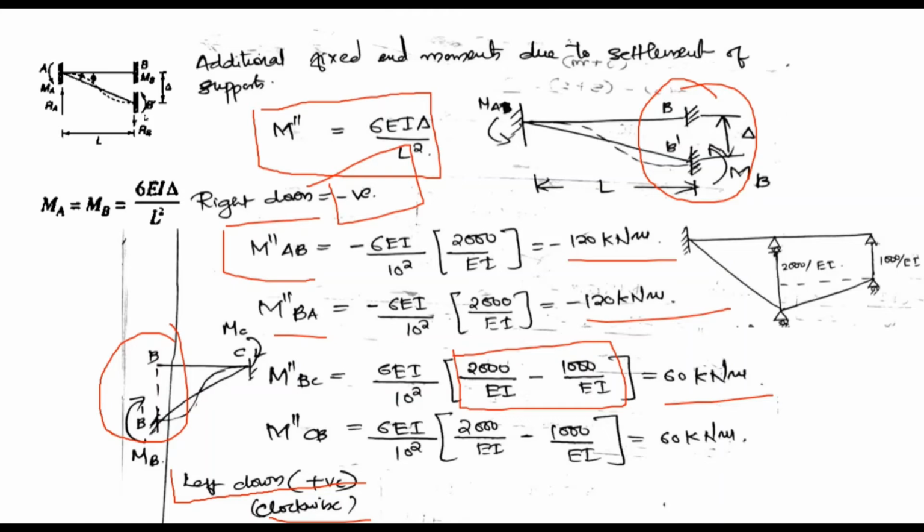The relative settlement has to be considered. We should not consider the total settlements here. So in order to get the relative settlements, the value will be 2000 by EI minus 1000 by EI. That is the displacement of C with respect to B. So find the values of M double dash BC and M double dash CB.